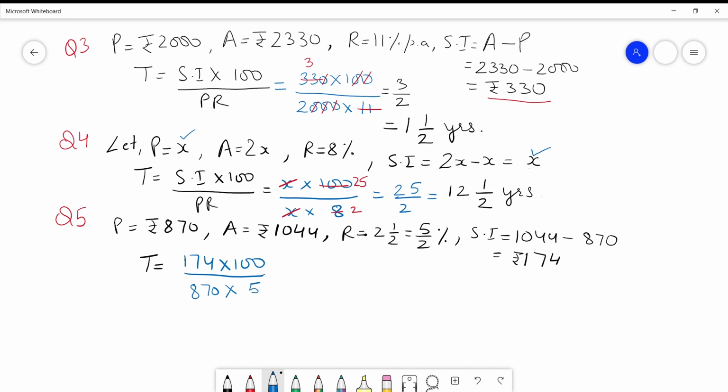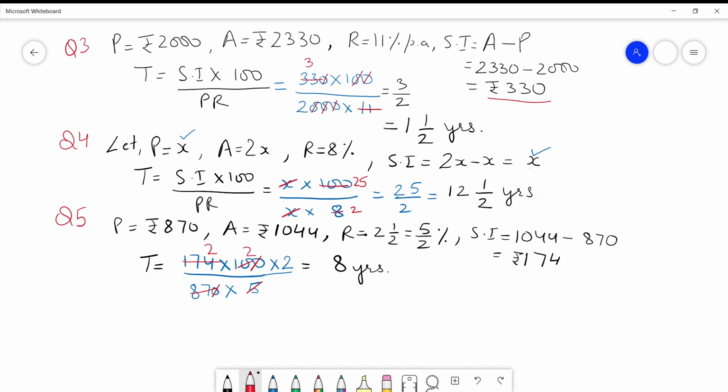We will not write the by over here because already one divide sign is there. So we will take this 2 up. Okay. Now cut the 0 with the 0. 5 2s and 87 2s are 174. So this is 2 into 2 into 2, 8 years.